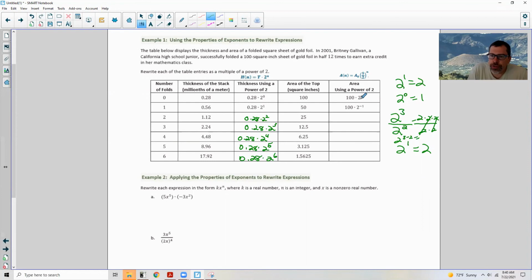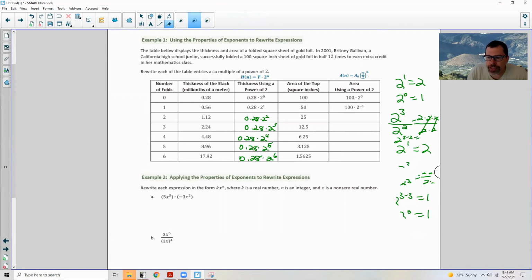So where the 0 comes from is if I had 2 cubed divided by 2 cubed, well, that's 2 times 2 times 2 over 2 times 2 times 2. They all cancel out, or you could think of it as anything divided by itself. That's 2 to the 3 minus 3, which is 2 to the 0. Anything divided by itself is 1. So that's where 2 to the 0 comes from. That's why 2 to the 0 is 1.